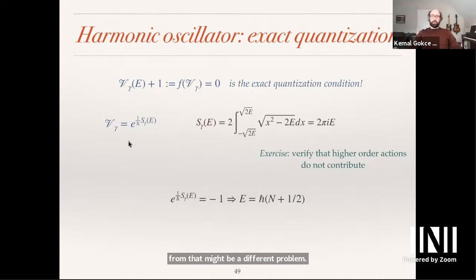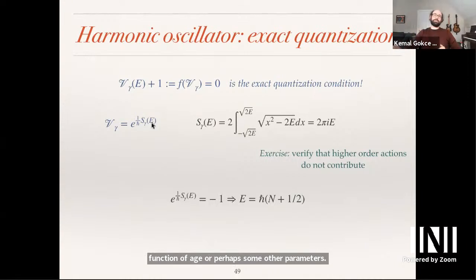And I will tell more about this, but the Voros symbol itself also is a resurgent function of H bar. So all the resurgent analysis that we talked about applies to the Voros symbol as well, and solving this equation that applies to a resurgent function also gives me the allowed energy levels as a function of H bar and perhaps some other parameters, as a resurgent function as well.